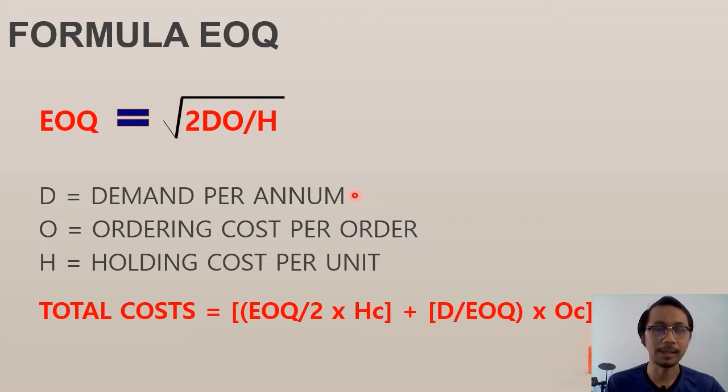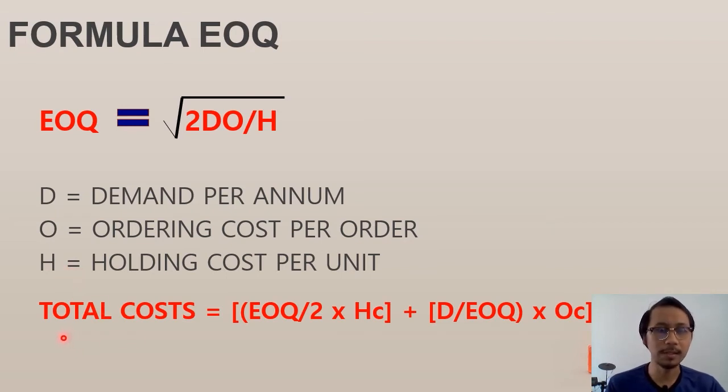Please bear in mind that this is the demand of the material, not the demand of the product. O is the ordering cost per order, and H is the holding cost per unit. Certain questions or certain textbooks will use carrying cost per unit. Both are similar. And sometimes they substitute H with C to represent the carrying cost.